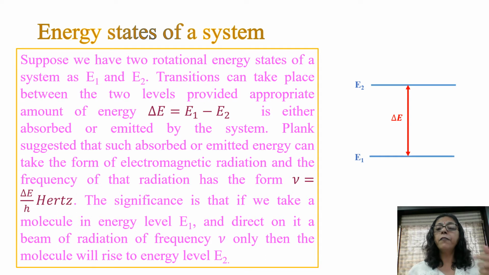That means the frequency of the incoming incident wave should be equal to delta E upon h hertz. The significance is that if we take a molecule in energy level E1 and direct on it a beam of radiation of frequency nu, only then the molecule will rise to a higher energy level E2. Now this is very important, not only from the point of view of rotational spectroscopy, but every spectroscopy. It will be followed in NMR as well.